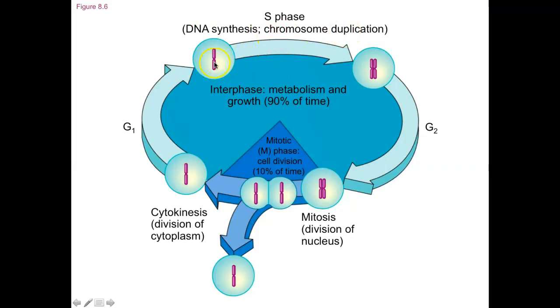Now when you see this image right here, this is one chromosome. This is one molecule of DNA that has been wrapped up into a bundle, right? Remember the word supercoiled. It's been supercoiled into a chromosome. So when you copy a molecule of DNA, it's going to look like this, right?